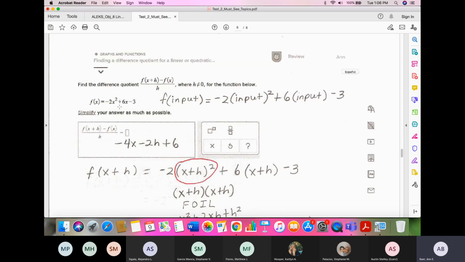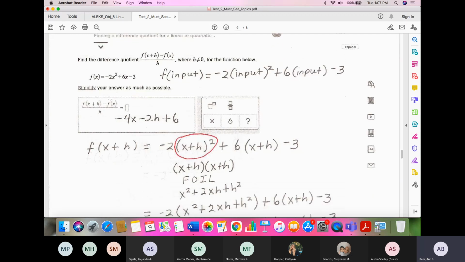And then add plus 6. Here's another x. We're going to take that out and put in the word input for it. Input in parentheses like that. And then minus 3. I think this is a whole lot easier to work with now that it's written like this. There are x's in this and x's in this. It makes it too confusing.